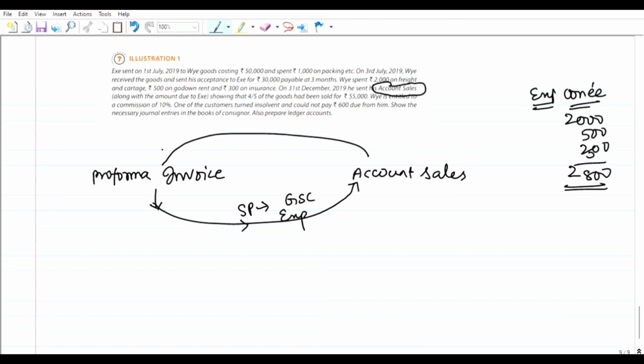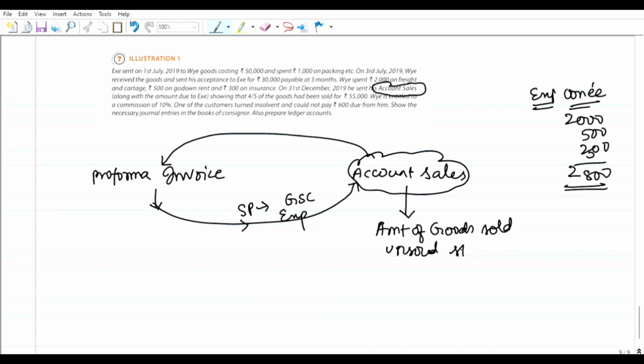But when we come to account sales, this is a very important segment. Account sales is a document sent by the consignee to the consignor, stating the amount of goods sold, and if unsold stock is there, he will state the unsold stock, the expenses incurred by him, the commission deducted by him, and also the balance due.